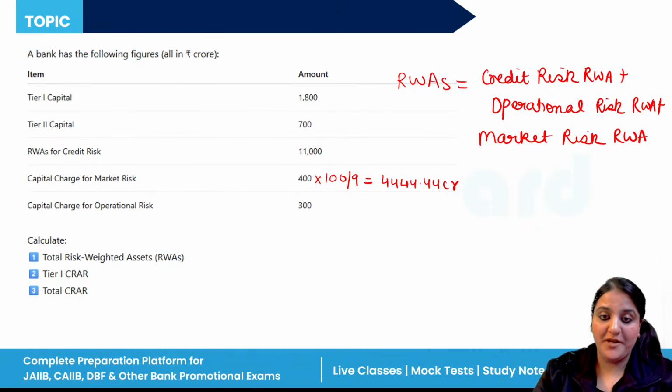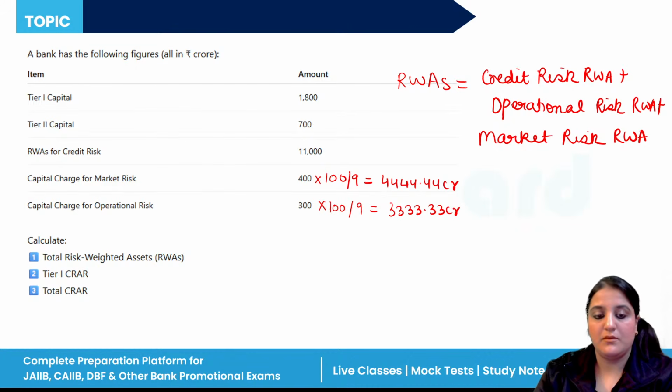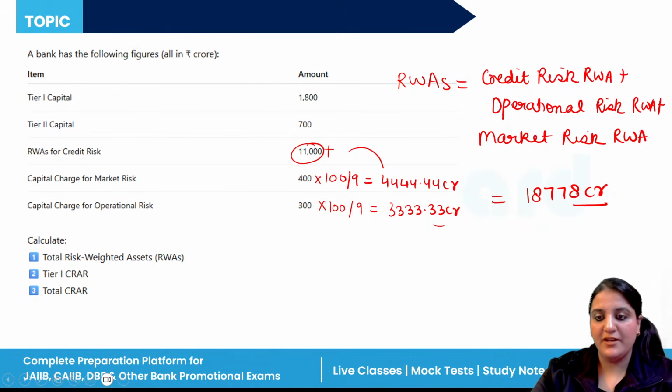For the operational risk, the same, which is equal to 333.33 crore. Now here the credit risk weight is given, so add this and this will be equal to total risk weight assets of 18778 crore.